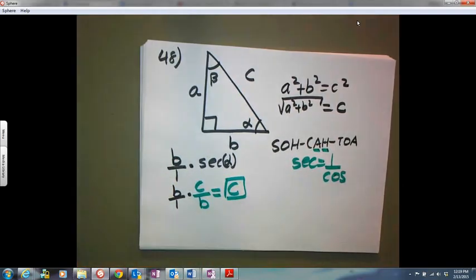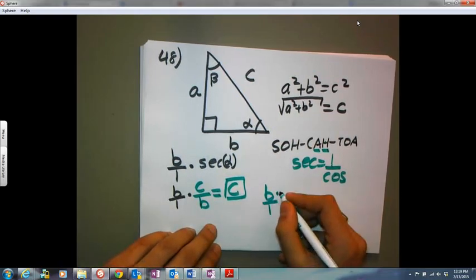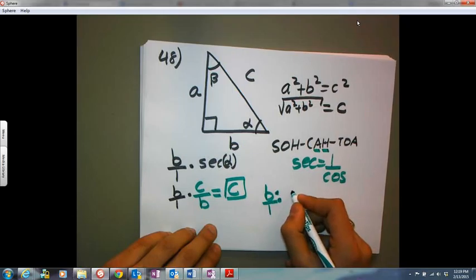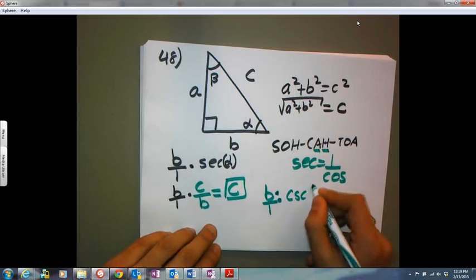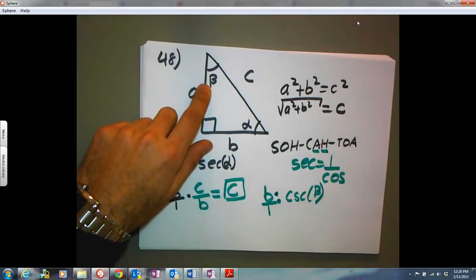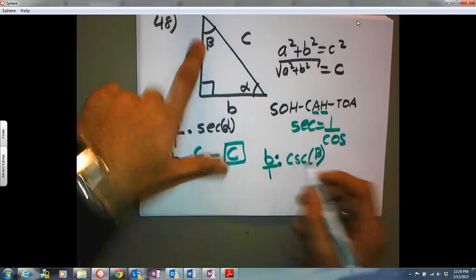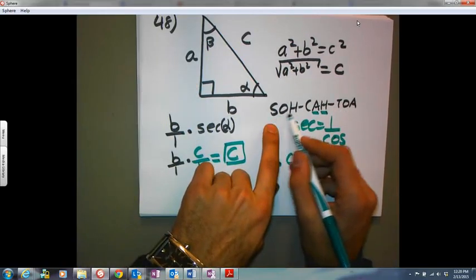But I'll prove number 3 as well, just in case the answer choices were written better. Number 3 says b over 1 times cosecant of beta. So here's beta. How am I going to do this? Well, we know that cosecant is 1 over sine.